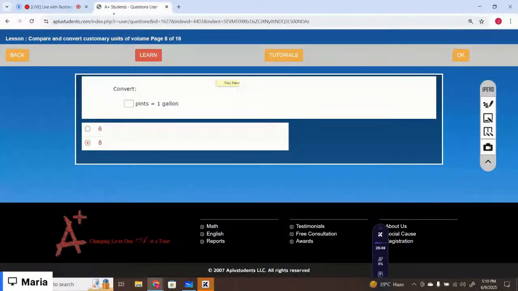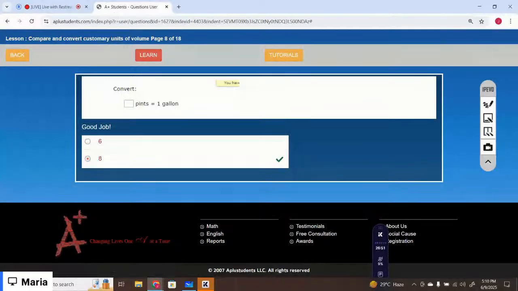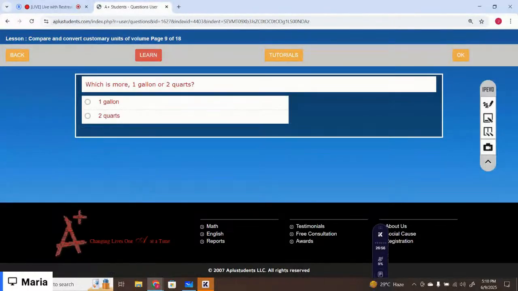Option number 2 is the correct option. Which is more, 1 gallon or 2 quarts?